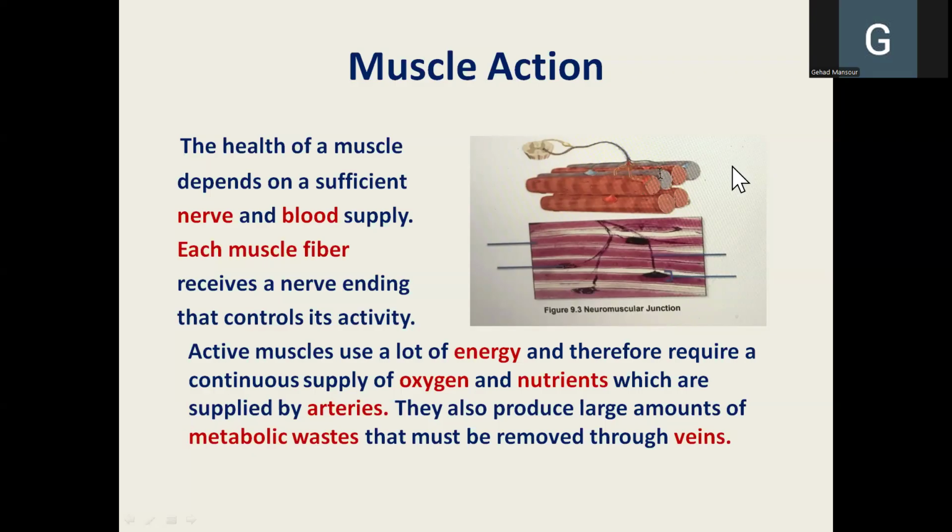So the strength of muscle contraction depends upon the number of nerve fibers that have been stimulated, and therefore upon the number of myofibers or muscle cells that will contract.